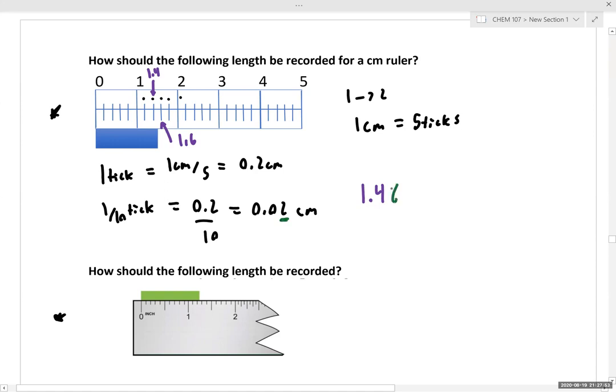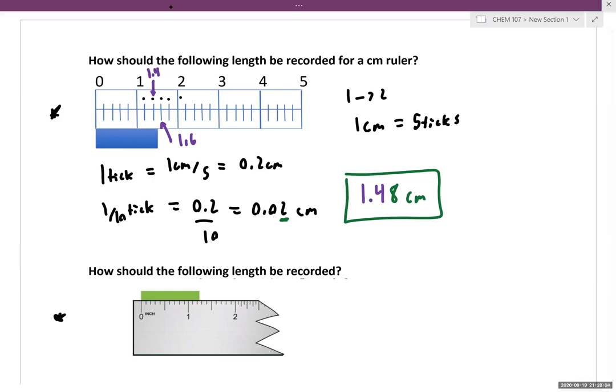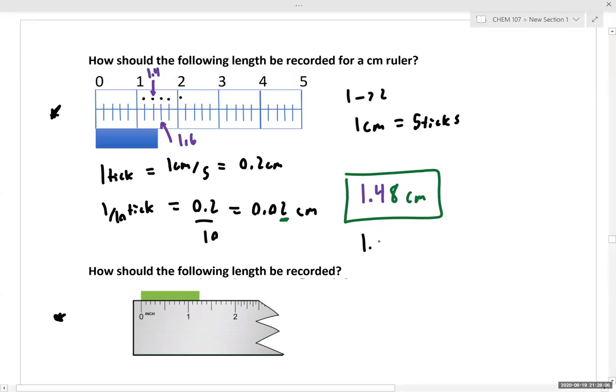So I'd say it's around about 1.48 centimeters. Key things to look for: your measurement should have 3 sig figs. 1.50 is also a reasonable answer because it's within the estimated digit's uncertainty. Does that make sense?